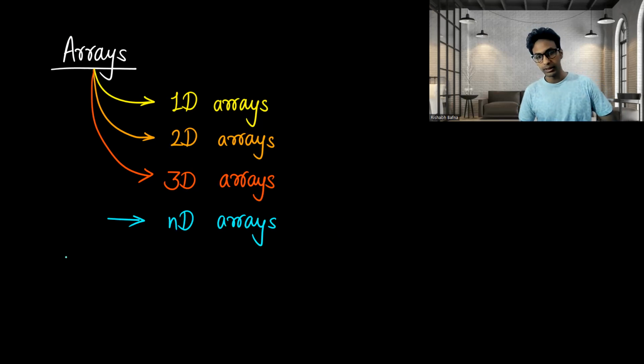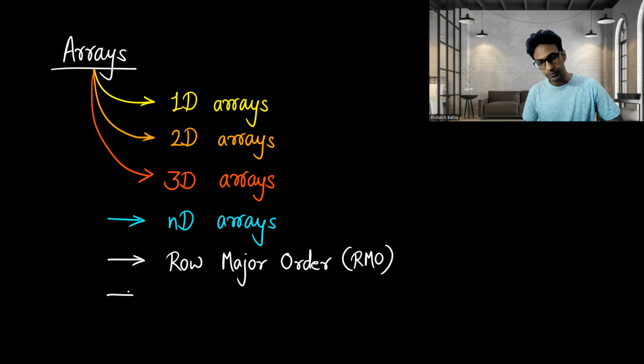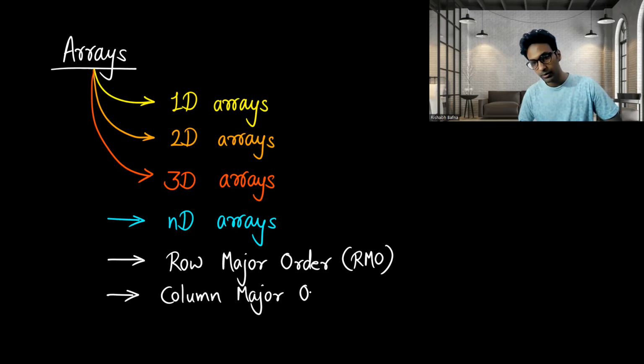Then we'll see this stuff. Row major order, RMO. Then we'll see column major order, CMO.